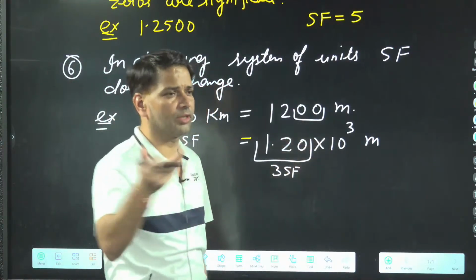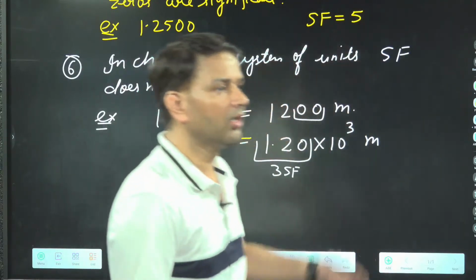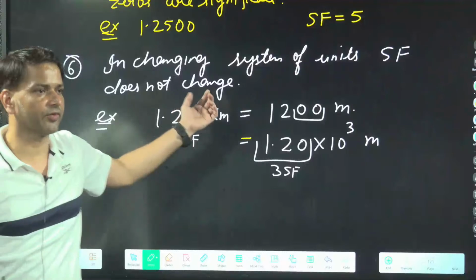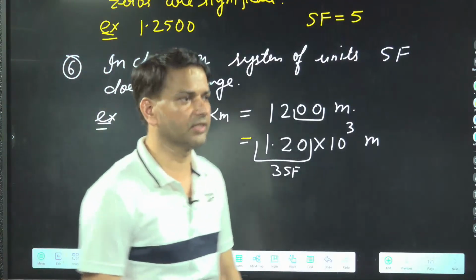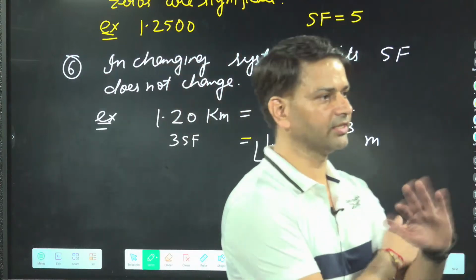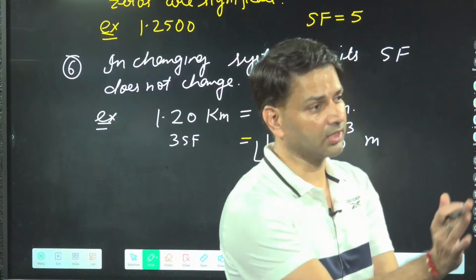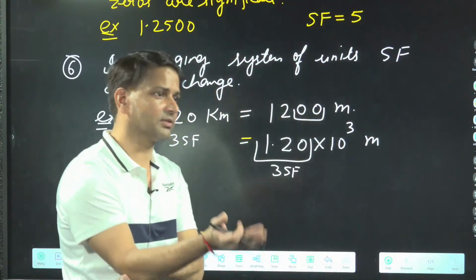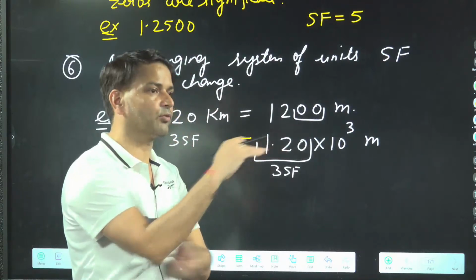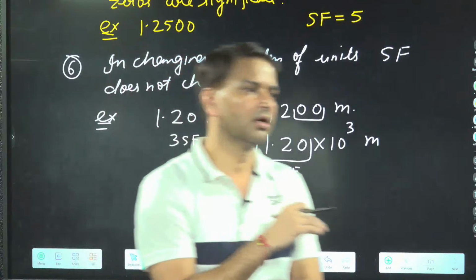And the 10 to the power something does not contribute to the significant figures. Left hand side has 3 significant figures, right hand side has 3 significant figures. So that does not change the significant figures. We cannot change the significant figures in the conversion of one system to the other. Understood? For some cases we have to use this notation, and that notation is called scientific notation.